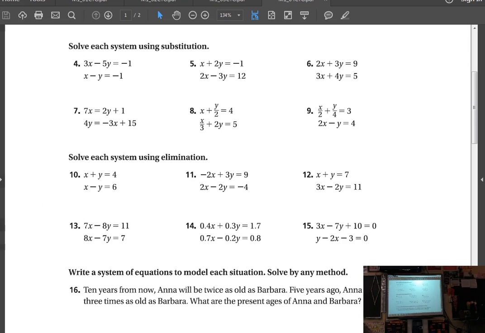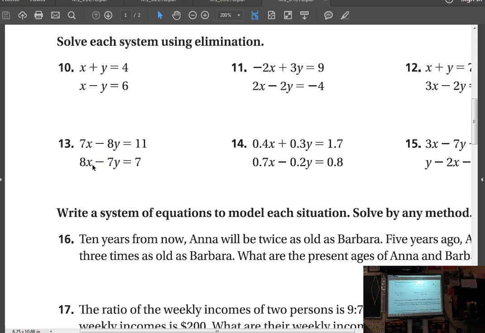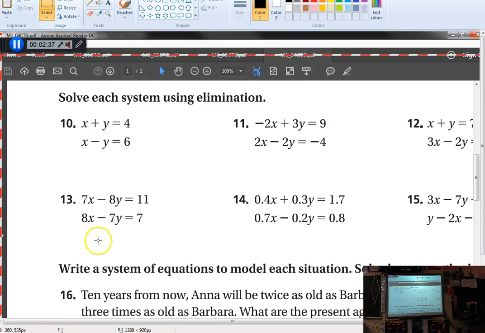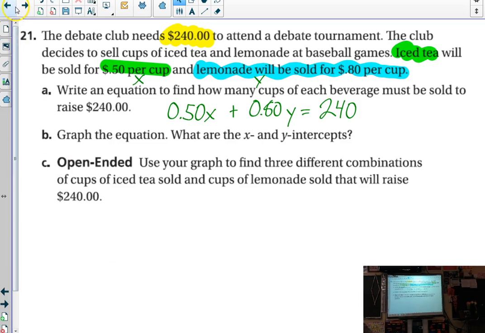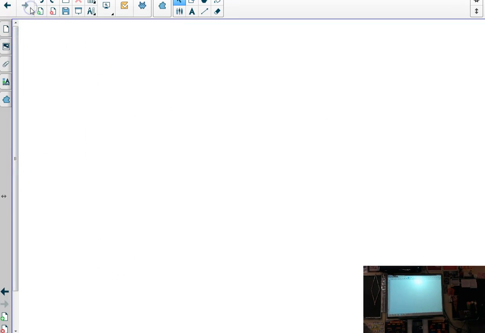Elimination. Akash, what was your question, 13, 14? These questions are fun, and I was working with somebody yesterday about the fact that we can multiply by whatever we want, and it doesn't have to be the same. 14.